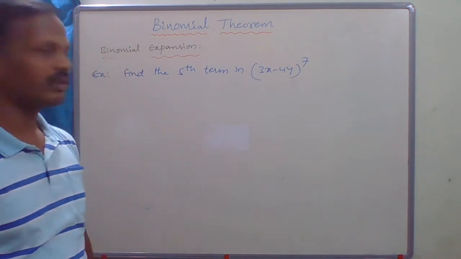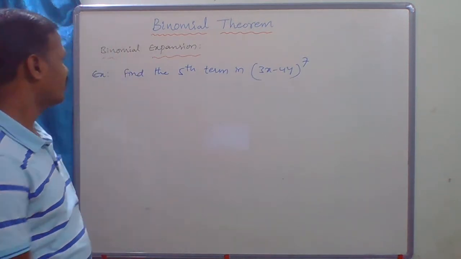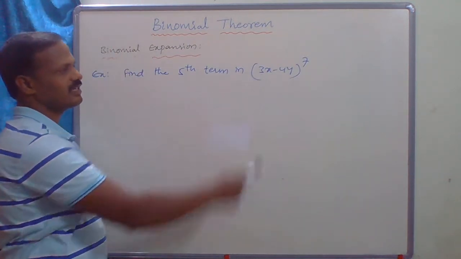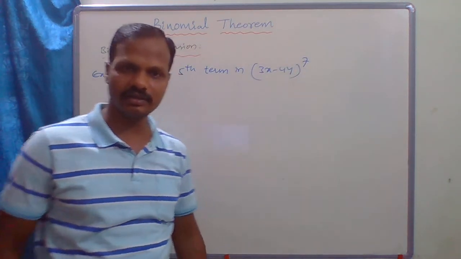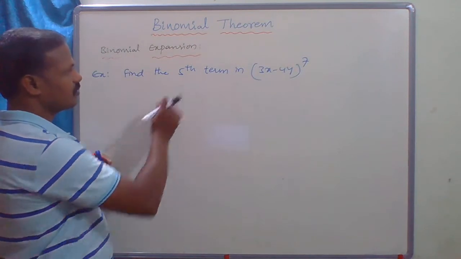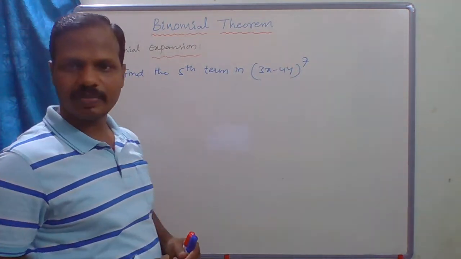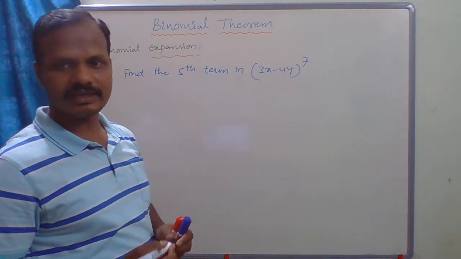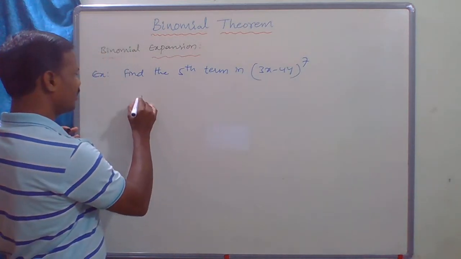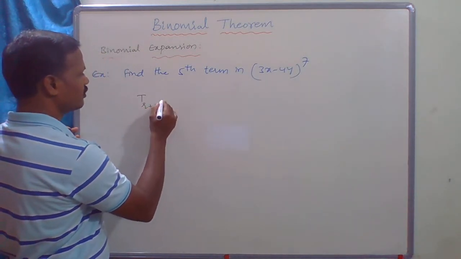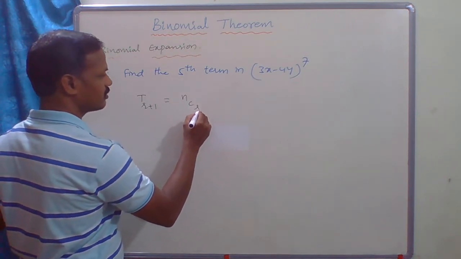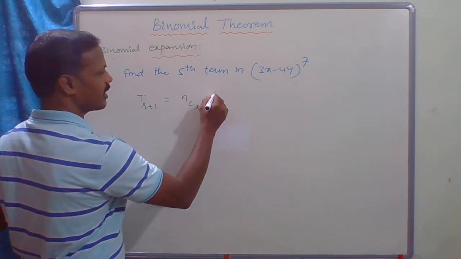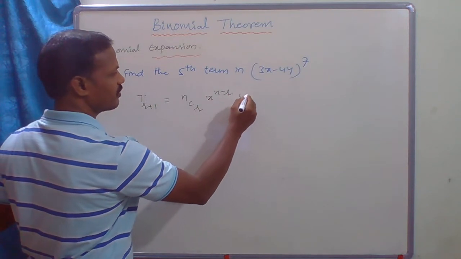Okay, so let us give one example. Find the fifth term in (3x minus 4y) whole power 7. First of all we have to write the formula for the general term, which is t(r+1) equal to ncr x to the power n minus r y power r.